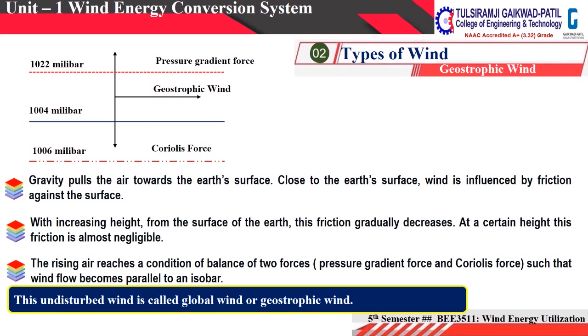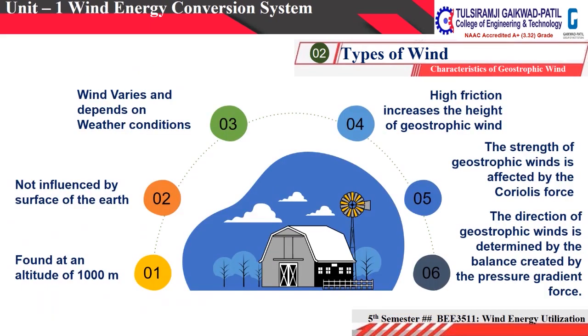So, the geostrophic wind is a special case in which the rising air reaches a condition of balance of two forces, that is the pressure gradient force and the Coriolis force, and in such a condition the wind flow becomes parallel to an isobar.